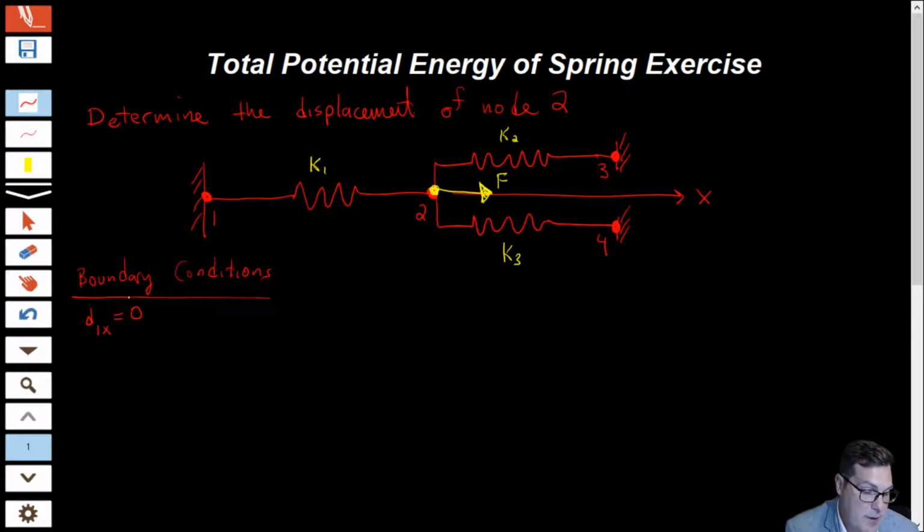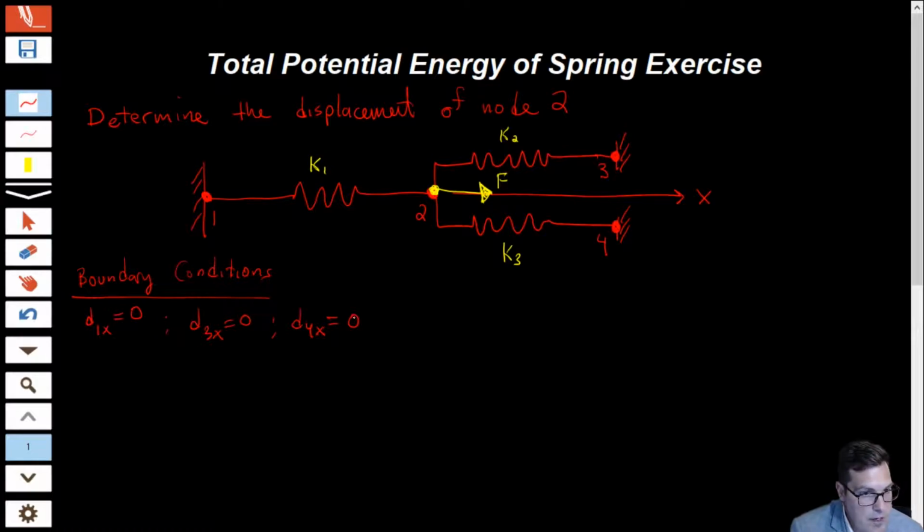We could drop the x because we're just looking at 1D here. We also have d3x equals 0 and d4x equals 0, right? Those nodes aren't going anywhere. They help us later on. You'll see that those will help us actually simplify our problem.